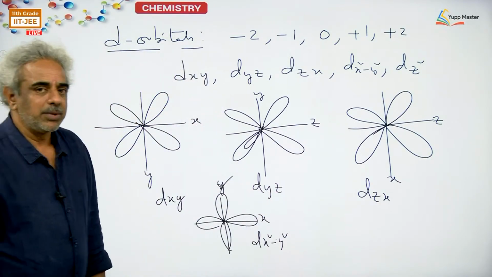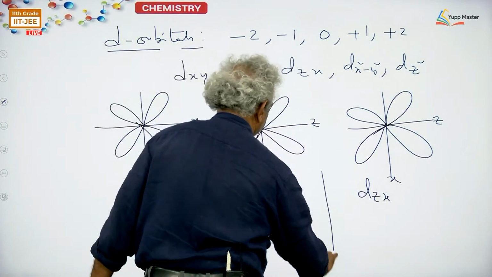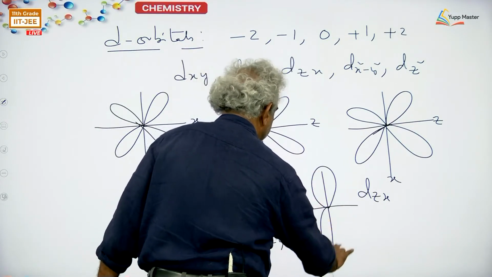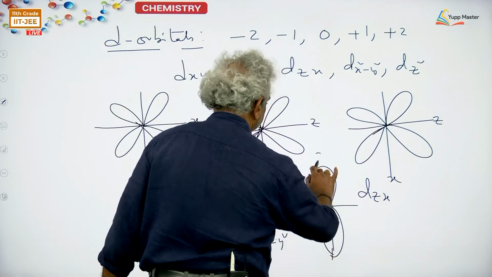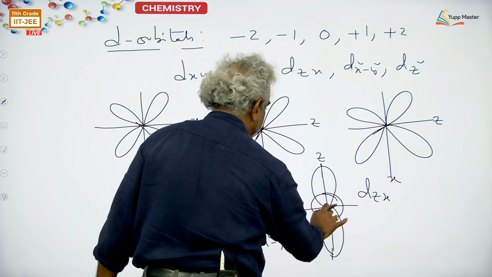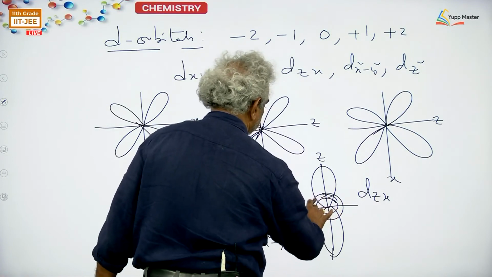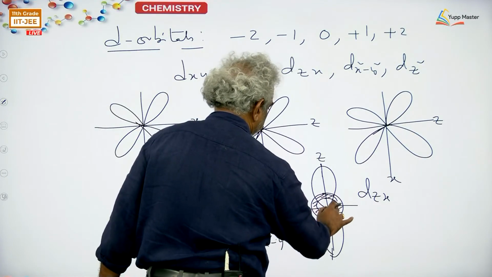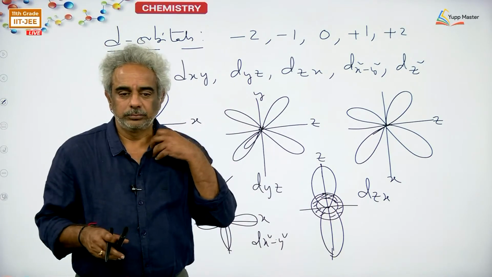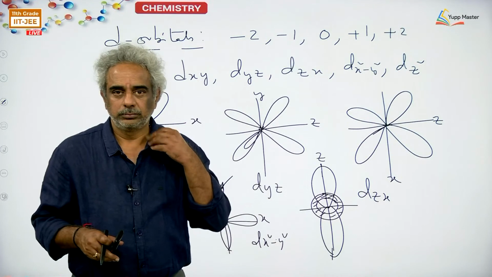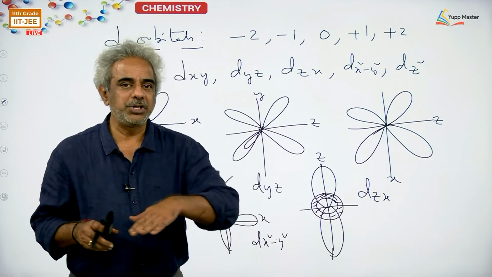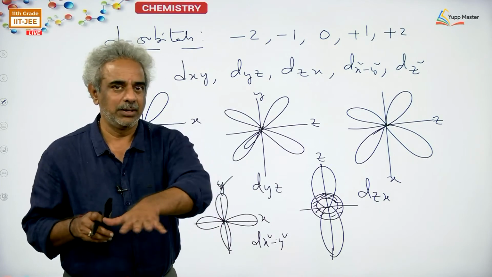dz square has a peculiar shape. On the z axis you have two lobes, and on the xy plane there is a torus. We call it a collar, a dish like, one disc like.